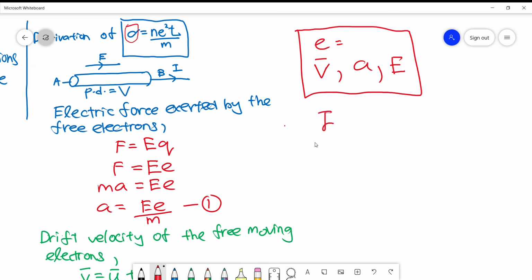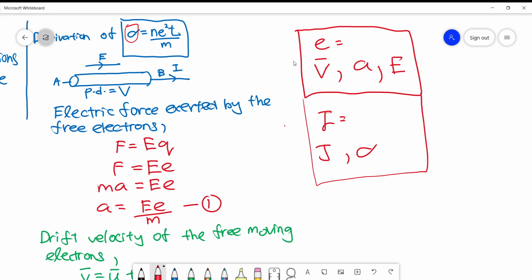As for the electric current, we have the current density. In order to conduct electricity, we have the conductivity, which is of course the reciprocal of resistivity. These are the variables related to both electrons and electric current.